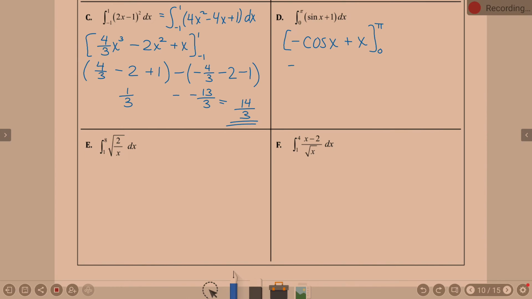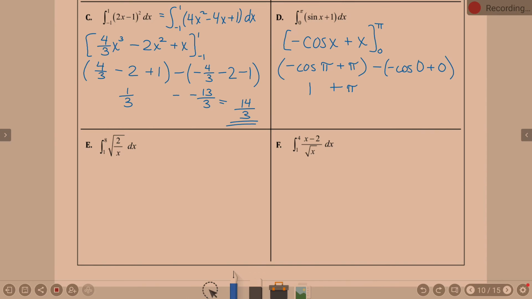So, negative cosine of pi plus pi, minus negative cosine of 0 plus 0. So, cosine of pi, my brain says, okay, what's the cosine of pi, which is -1. The negative of that is going to be +1, right?